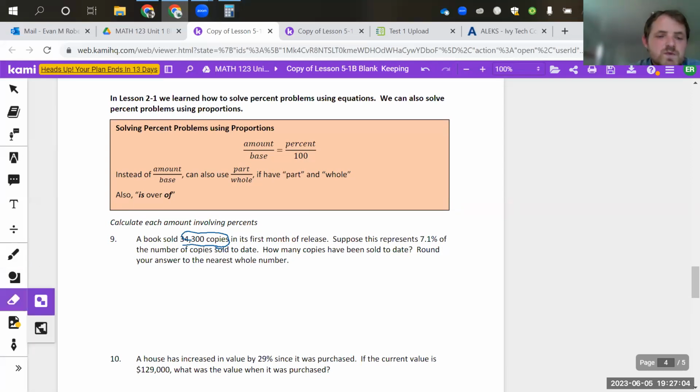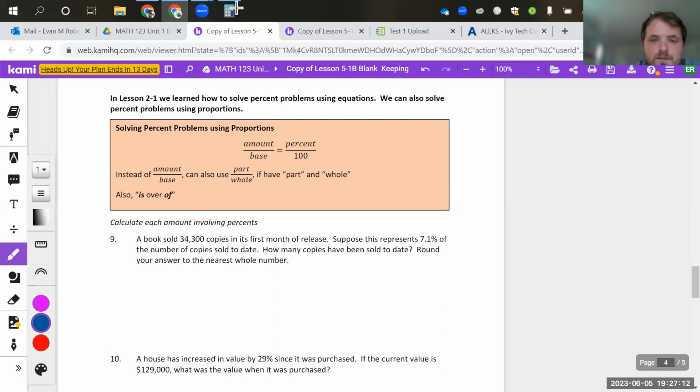So a couple of things you want to do here: I would notice that when you have a percent in this situation, you have like 7.1 out of 100.